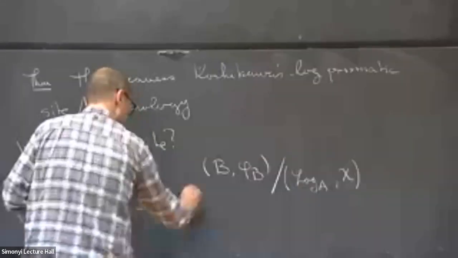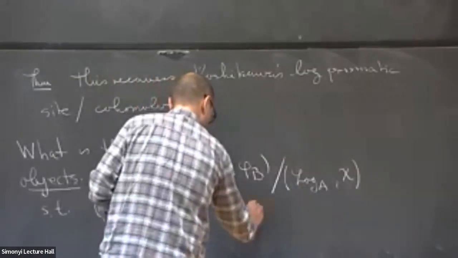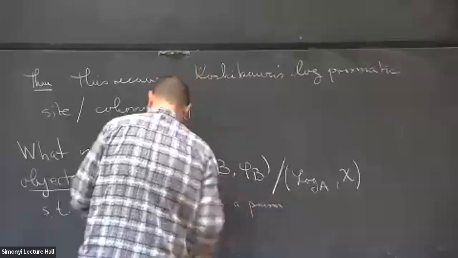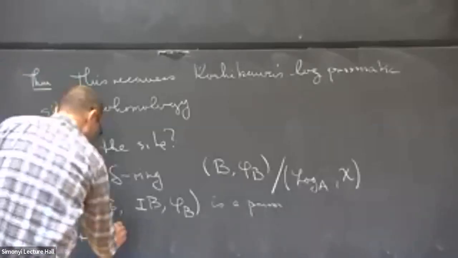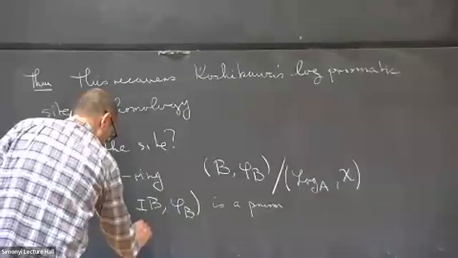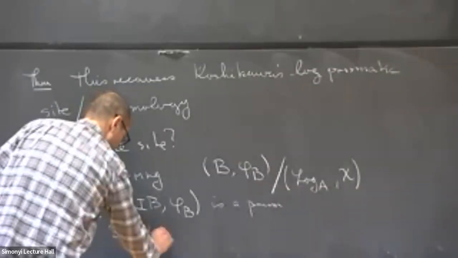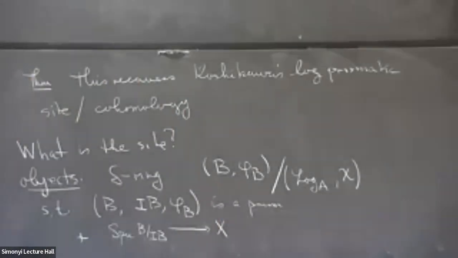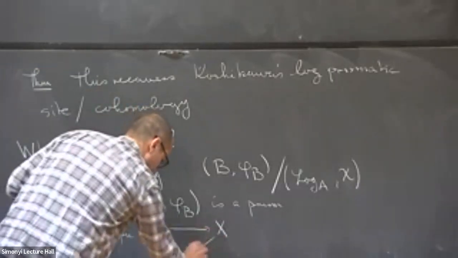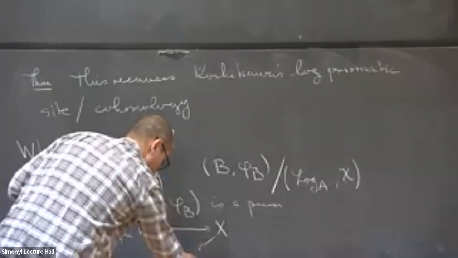A prism B plus a morphism to X, and this should be a morphism over this log A bar.